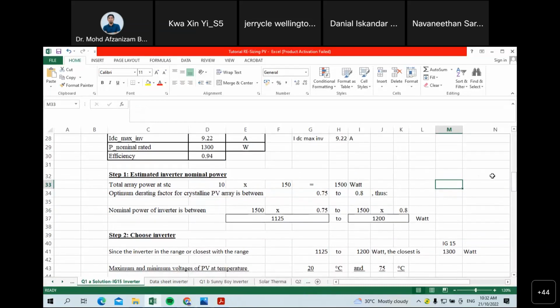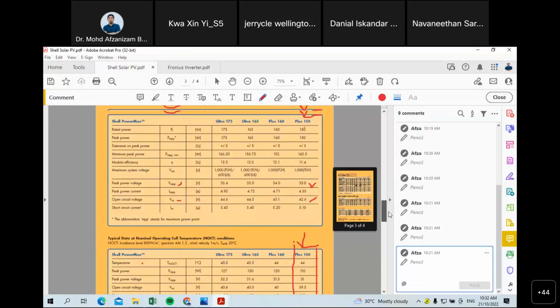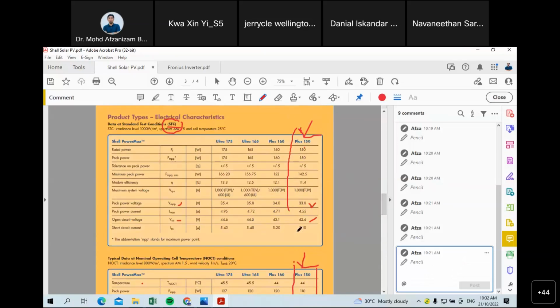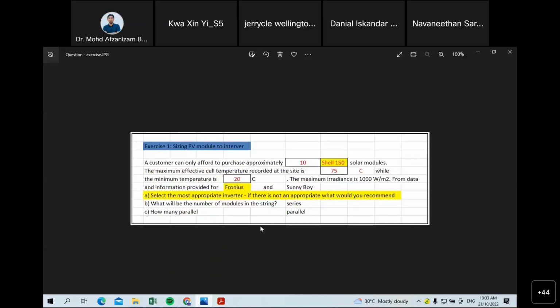Since we know all this data is representing the condition of the STC at 25 degrees C, we need to do some sort of calculation to get the new values. Because from the question, it mentioned that your PV at site is 75.